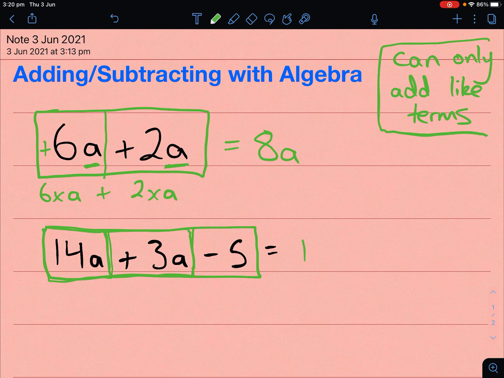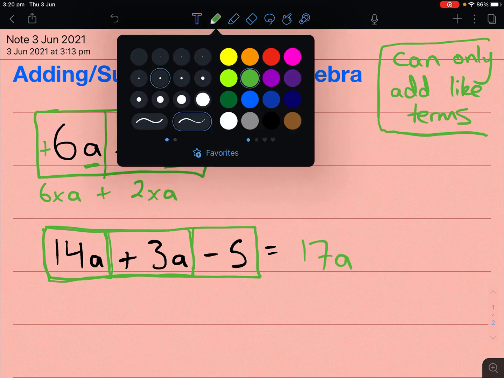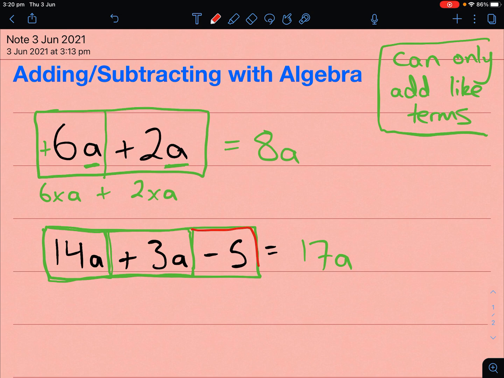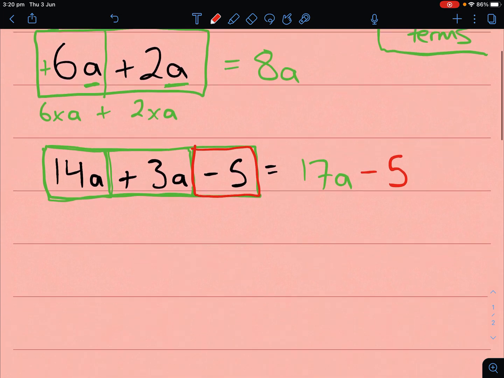So we could add them together. 14A plus 3A is 17A. And then our last block is a bit different because that doesn't have an A, so that is a different type of block to the other two. And because there's nothing else that's similar to it, we can't do anything with it. So that just ends up getting tacked on to the end there. And so our answer is 17A minus 5.